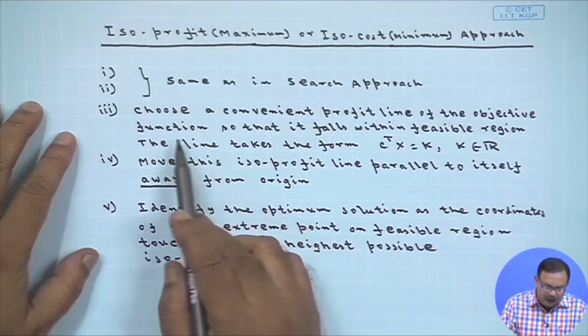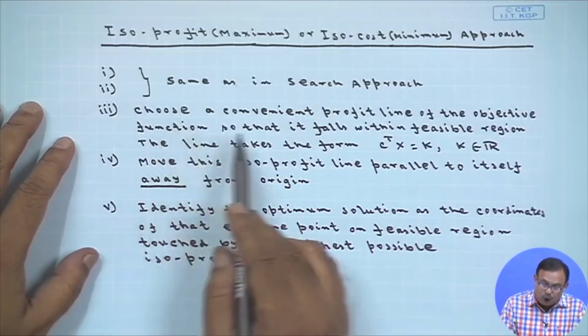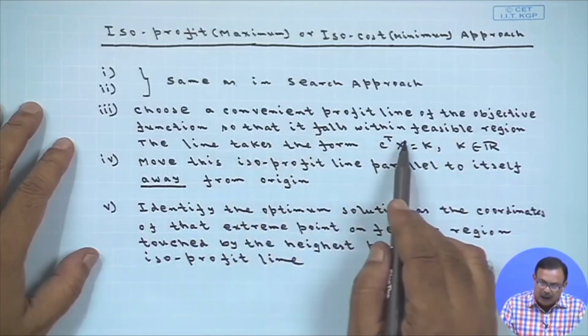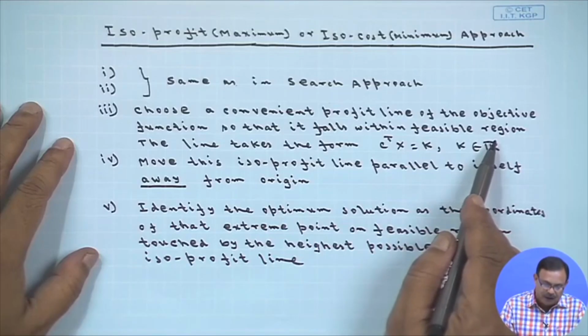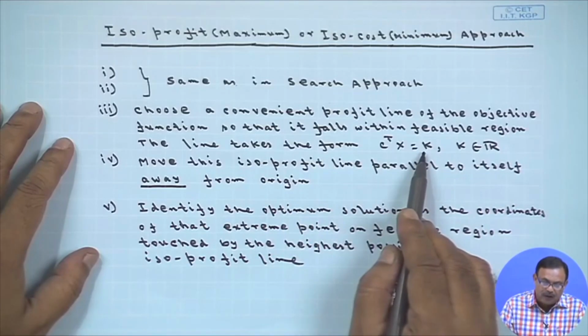Here number 3 is the important one. Choose a convenient profit line of the objective function, so that it falls within the feasible region. The line takes the form C transpose x equals k.